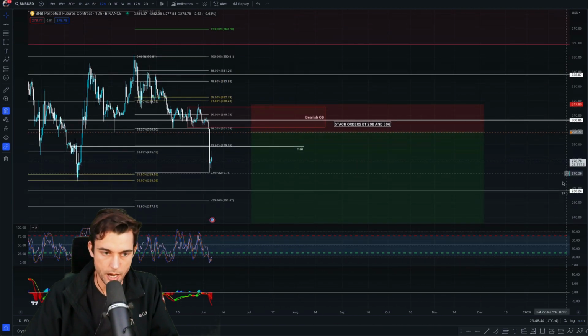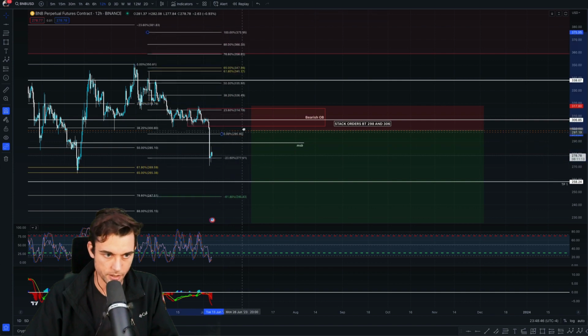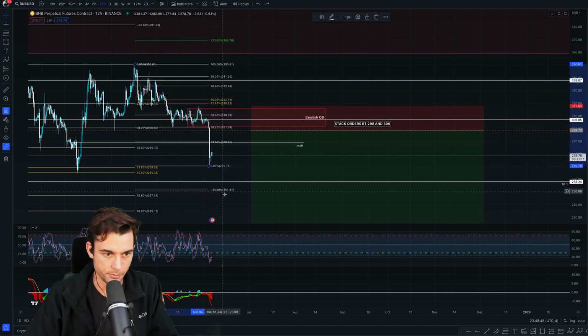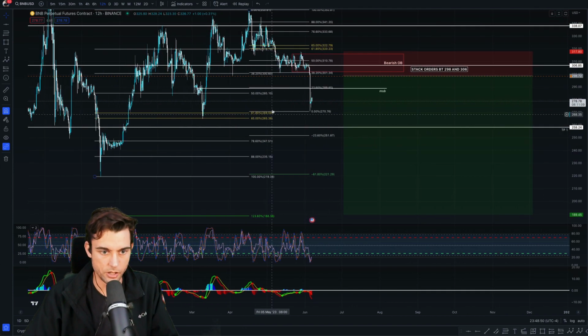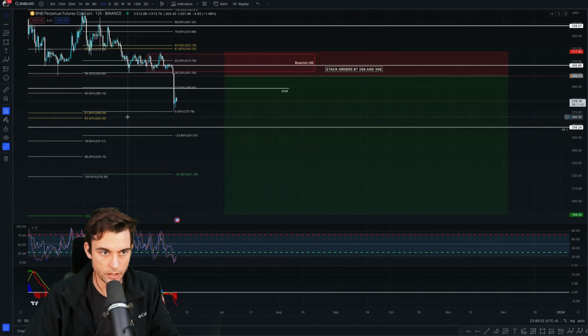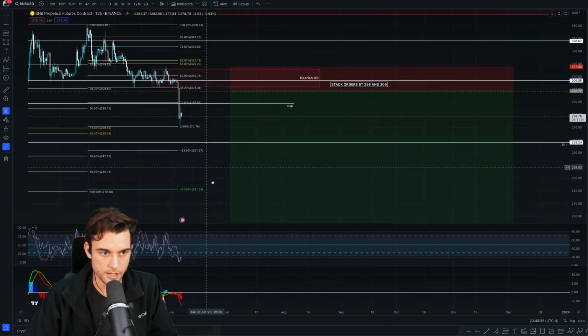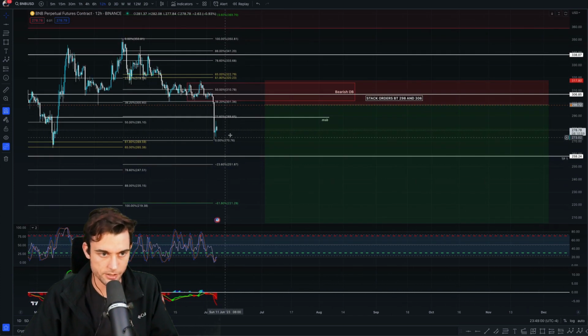Pretty much, I don't want to short it down here because obviously, it's buy support, and it's already fallen quite substantially, and it's in the oversold territory on the RSI and the MACD and the stochastic RSI, all that stuff. So I don't want to sell it right here, even though it could just roll over and keep on falling. But if there happens to be a move back up, this would be really great, because this would be a move up into the 38.2 of this move down.